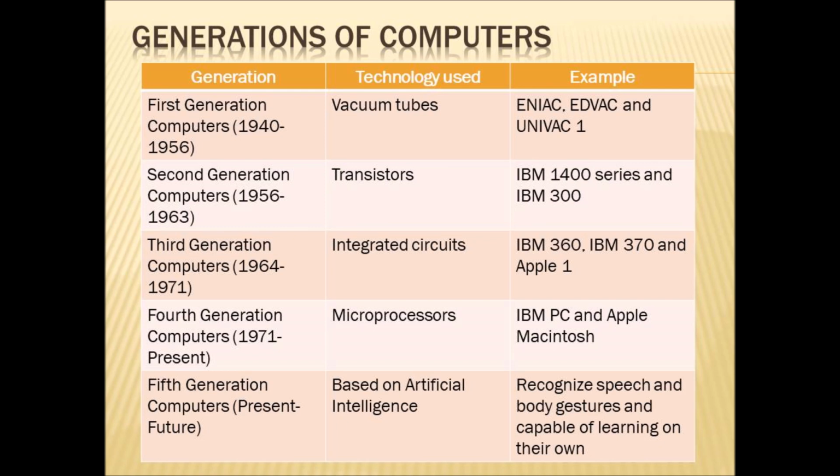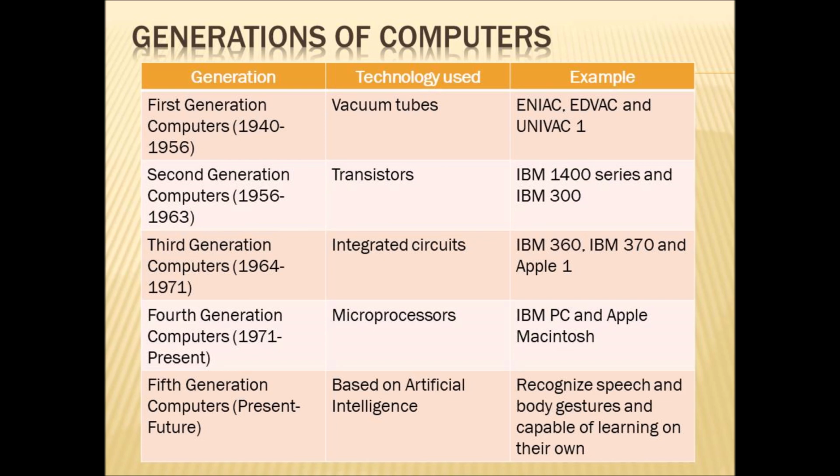They were used between 1964 and 1971. Integrated circuits were the technology used in this generation. For example, IBM 360, IBM 370 and Apple I were machines used in the third generation.